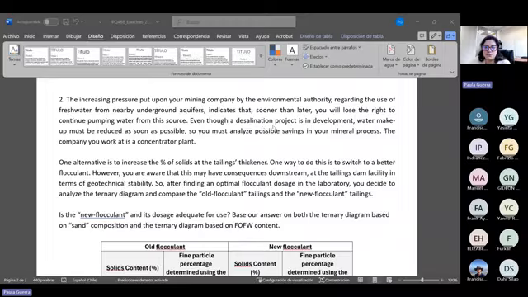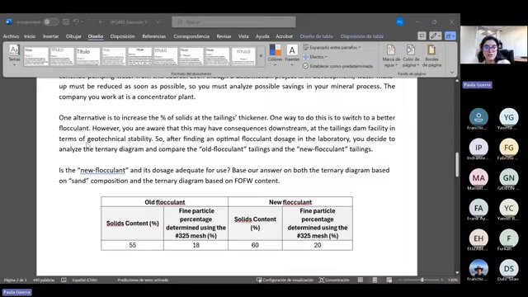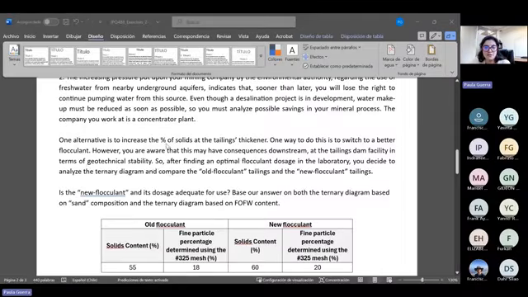Even though a desalination project is in development, water makeup must be reduced as soon as possible, so you must analyze possible savings in your mineral process.